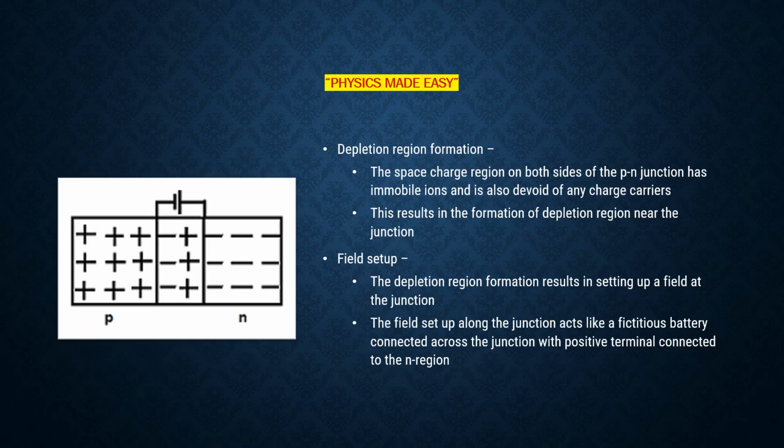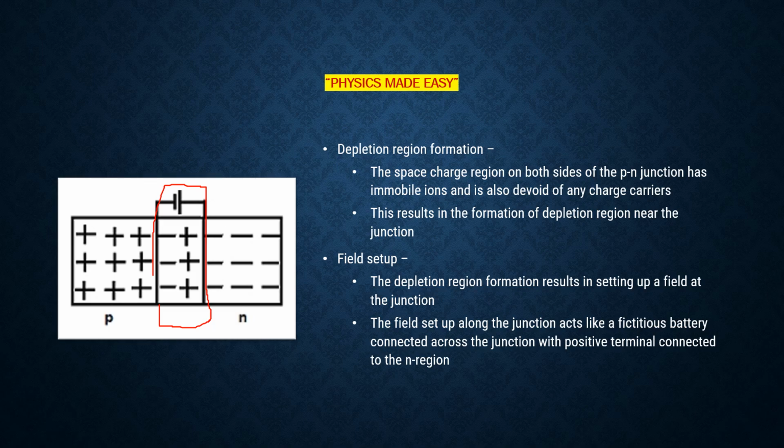So here a space charge region is created. The space charge region on both sides of the p-n junction has immovable ions, and this results in the formation of the depletion region.